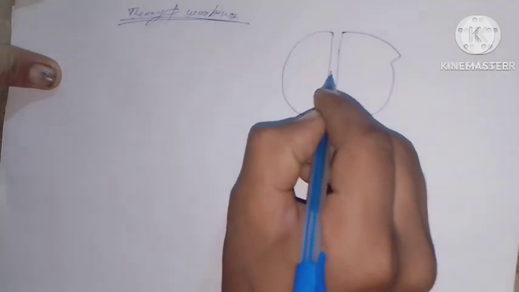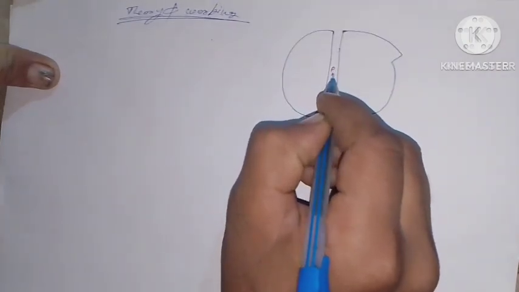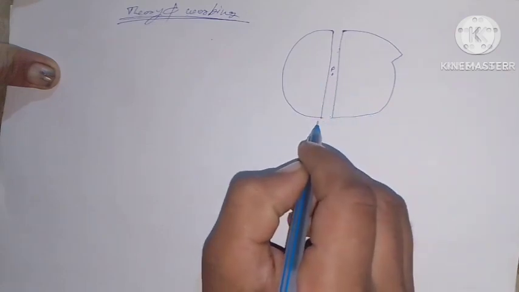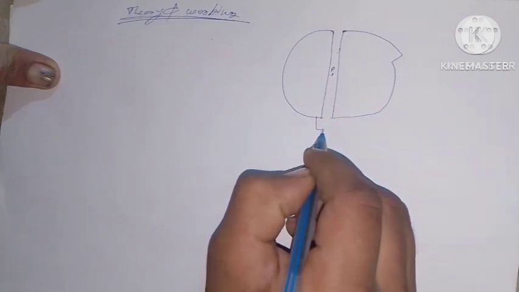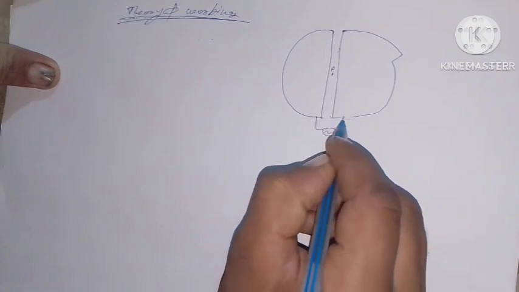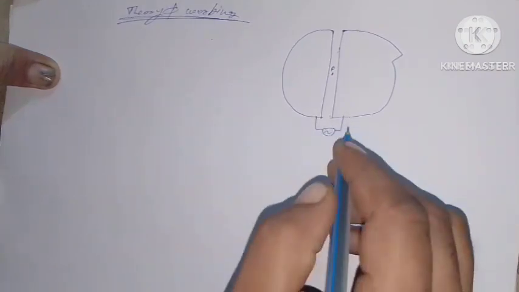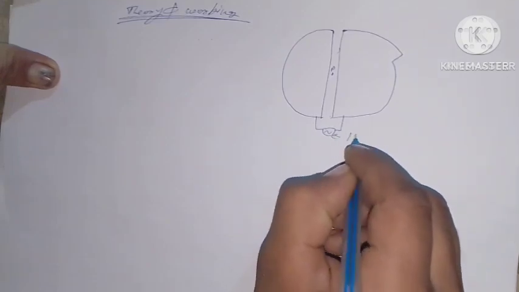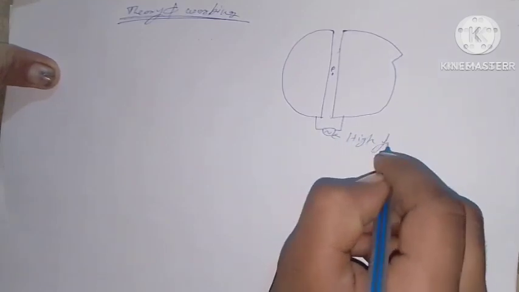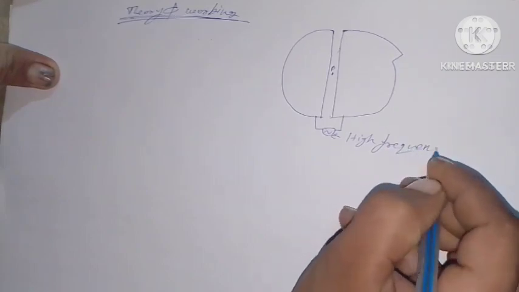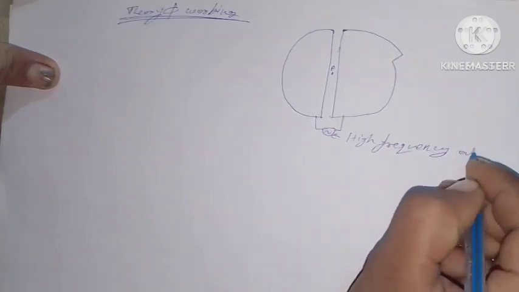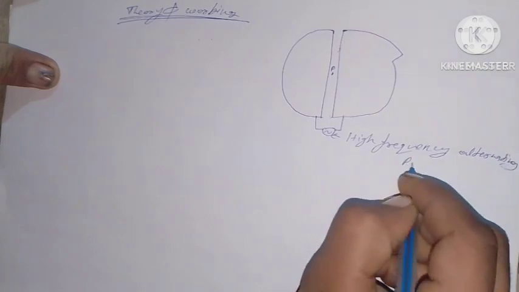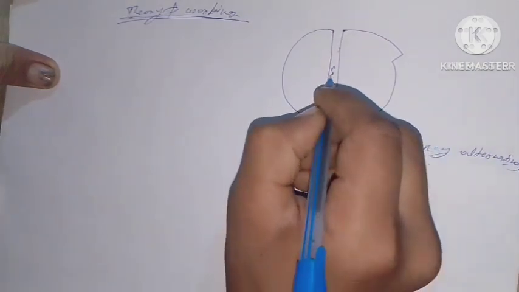This is point P, and this is the AC, the high frequency alternating potential difference.